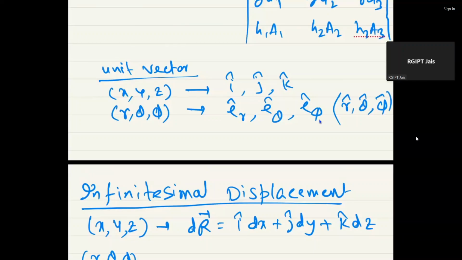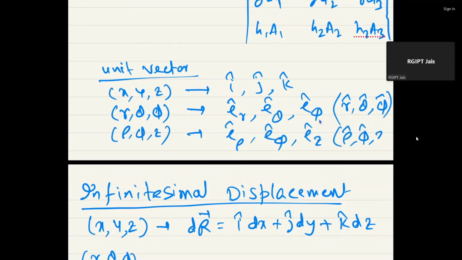Similarly, for the cylindrical coordinate system, which is rho, phi, and z, your unit vectors are e rho cap, e phi cap, and e z cap, and in my notes sometimes I wrote these as rho cap, phi cap, and z cap. These are the same thing. You just need to define them in terms of e r cap, e theta cap, e phi cap, or r, theta, phi.